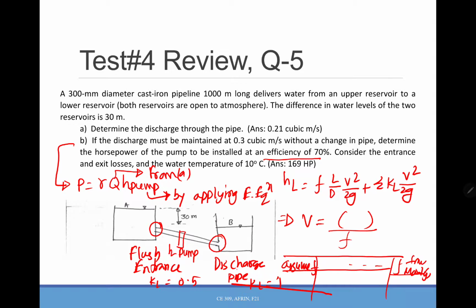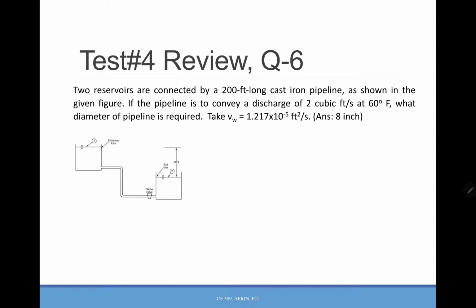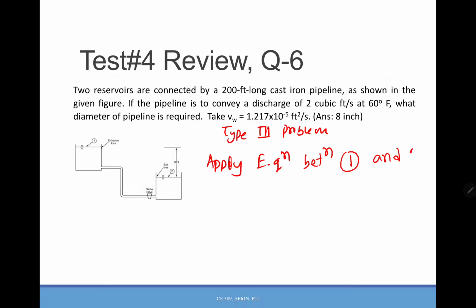Now this one is two reservoirs connected by a long cast iron pipe. You know the Q, you don't know the diameter, so that is actually a design problem, or type 3 problem. So what you will do again, you will apply the energy equation between 1 and 2.